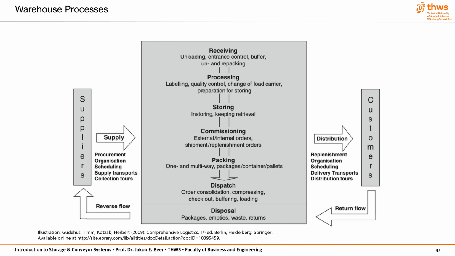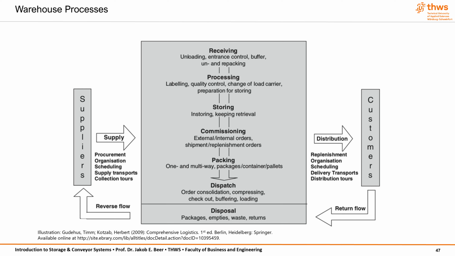Efficient disposal processes ensure that such goods are identified, handled according to legal requirements, and, where possible, recycled or reused. Returns management, as we discussed earlier, is often tied into disposal processes, but can also involve additional refurbishment, reconditioning, or resale pathways.